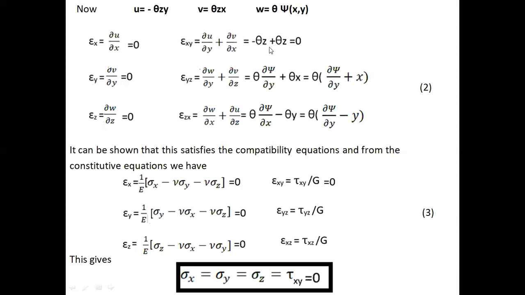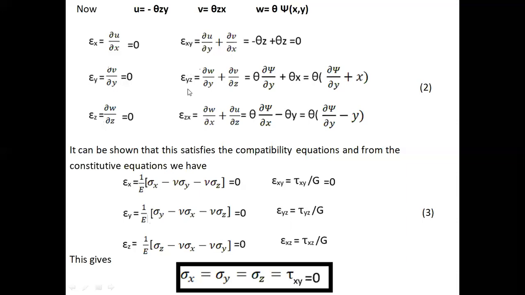So minus theta z plus theta z is equal to 0. So epsilon xy, which is the shear strain in the xy plane, is also 0. So you see, we have got 4 strain components equal to 0. So only 2 other strain components are non-zero, epsilon yz and epsilon zx.